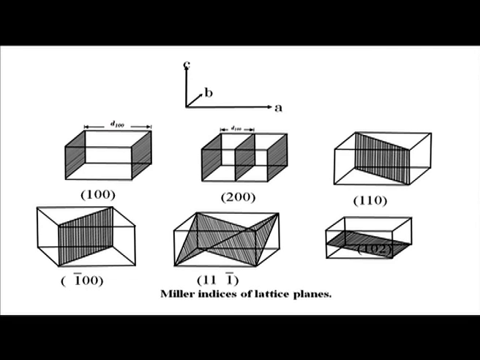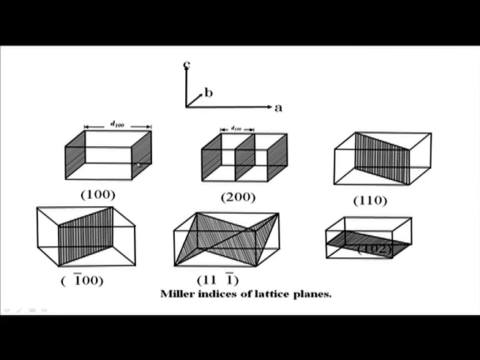As I showed, these planes are (1 0 0), where this is the a axis, this is the b axis, and this is the c axis.